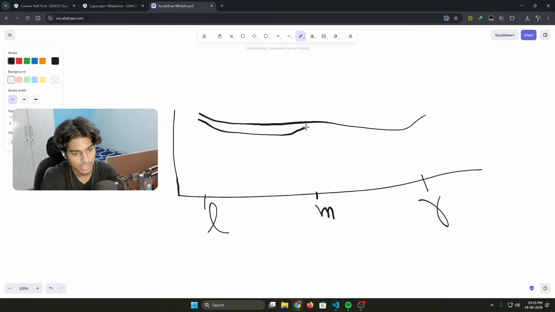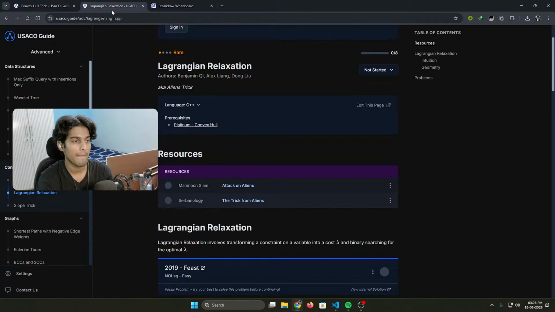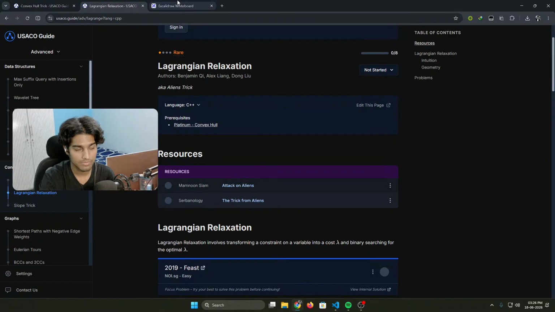This is j is bigger, and from here i is bigger, right? This is i, this is j. Maximum and minimum for some given points. No two functions intersect at more than one point. Okay, this should only be one intersection point.